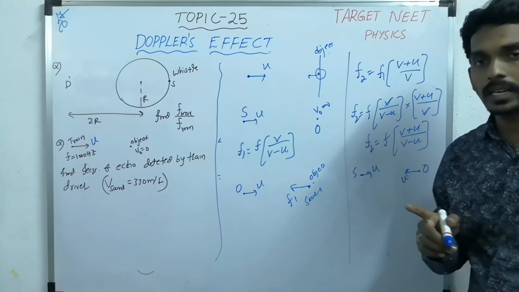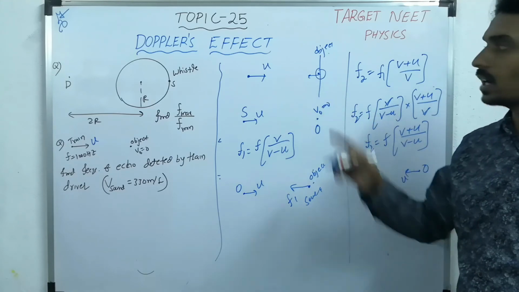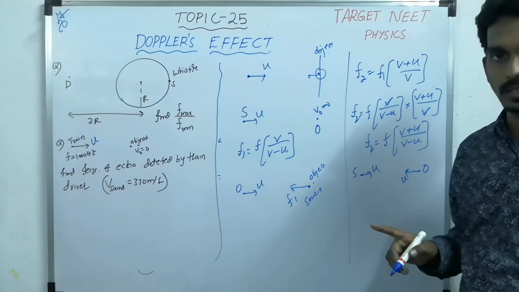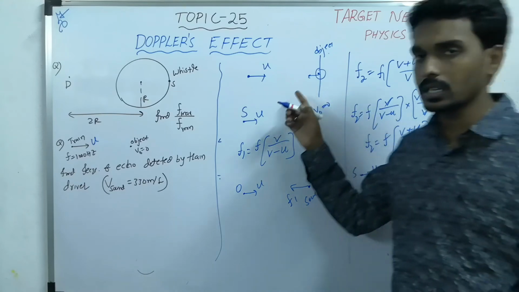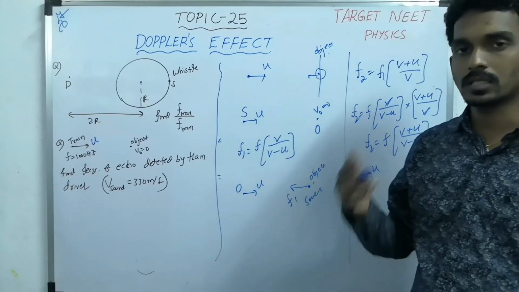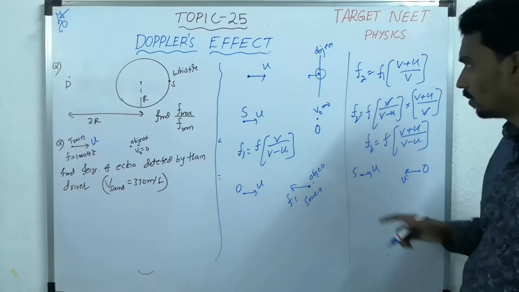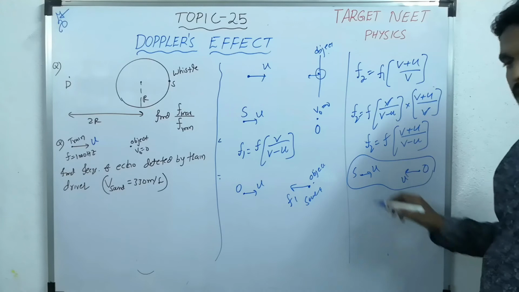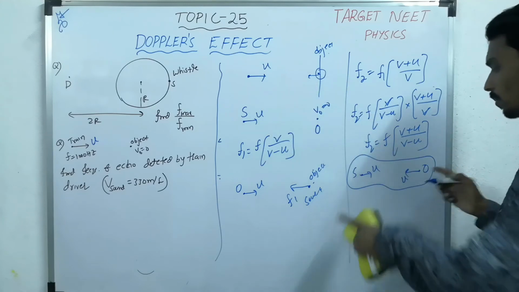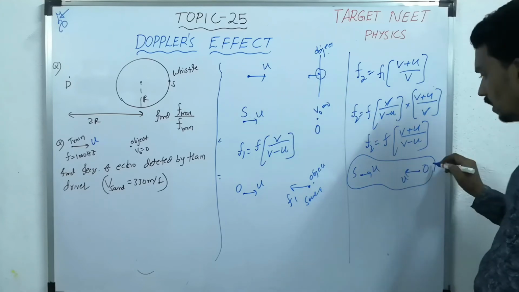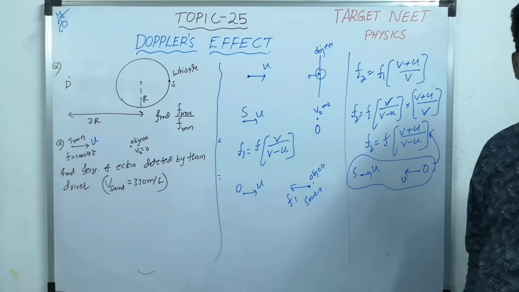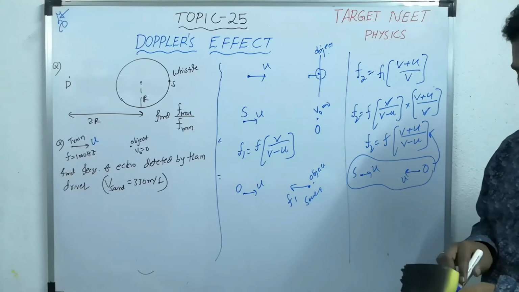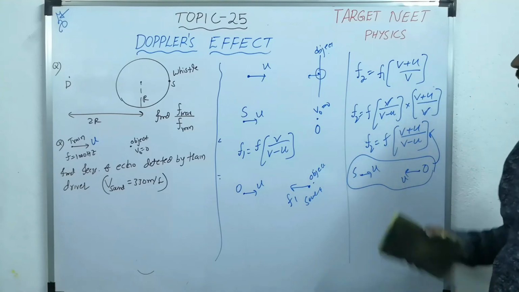When you want to calculate the frequency of echo, not the frequency received by the object, when they are asking about the frequency received as echo by the source, then you have to replace the situation as source and observer approaching with the same velocity. Then you will get the same formula. So this is how you can understand the question.